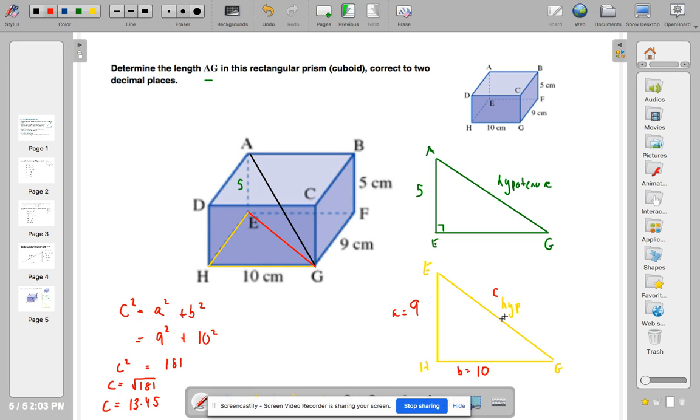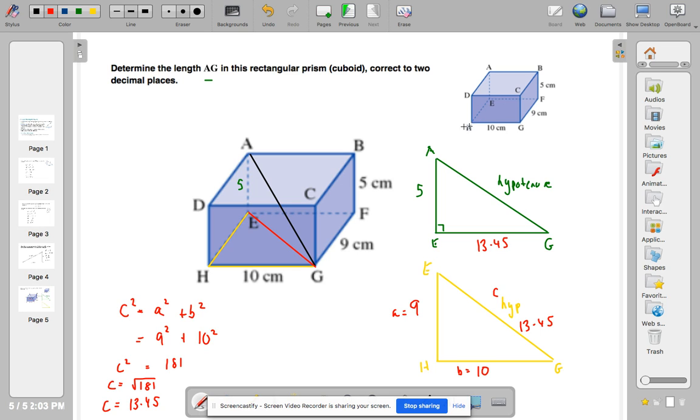So my hypotenuse here now is 13.45. So that is EG. Now that EG there, the red EG, is the same EG that's here in this triangle here. Remember, I'm trying to find AG, and I couldn't find AG because I didn't have EG. I've been able to find out EG in a separate triangle. So that EG is 13.45.